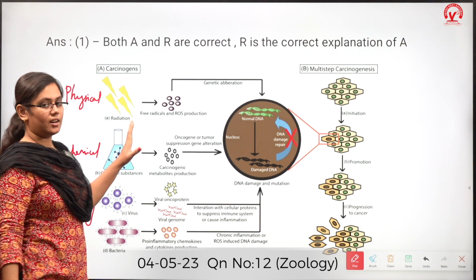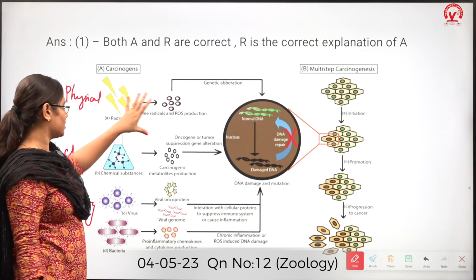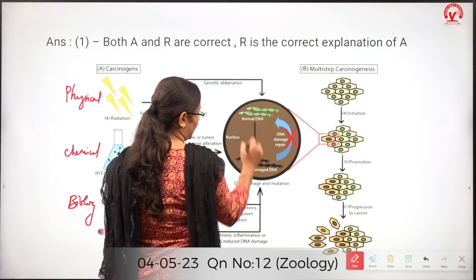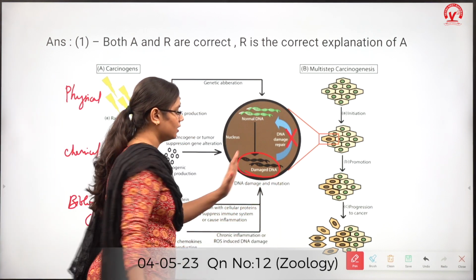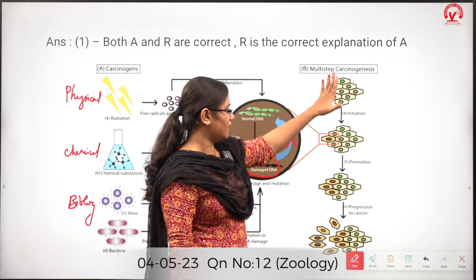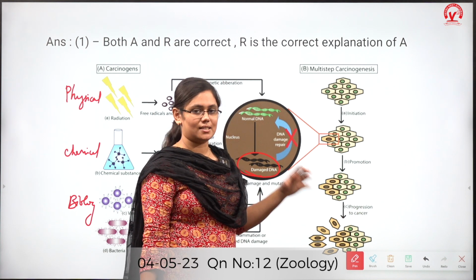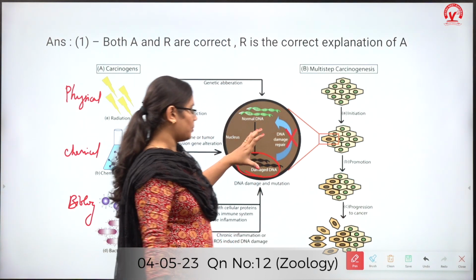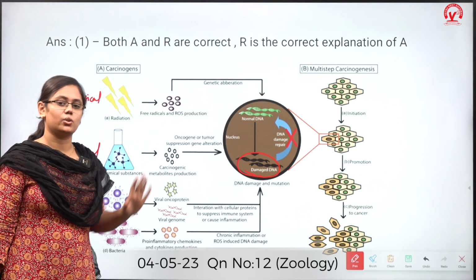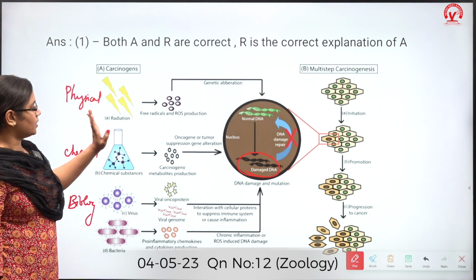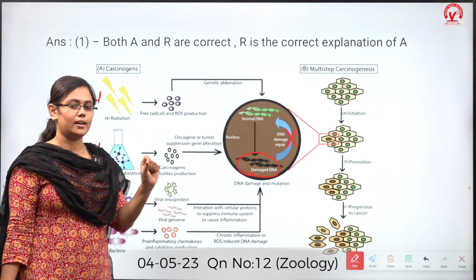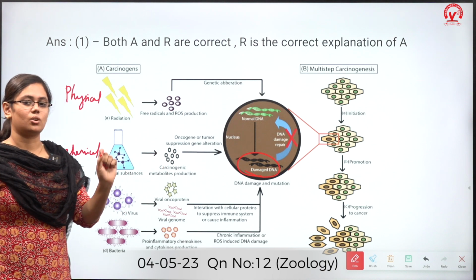The ionizing and non-ionizing radiations come under physical agents which cause DNA damage and it leads to neoplastic transformation. So the normal cells transform into neoplastic cells due to the DNA damage caused by the radiations, X-rays, gamma rays and UV rays. Thus for this question the answer will be option 1, where both A and R are correct and R is the correct explanation of A.